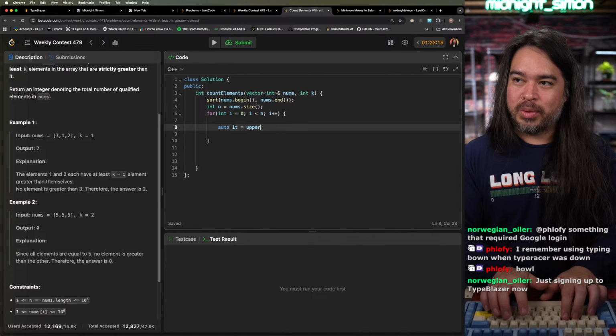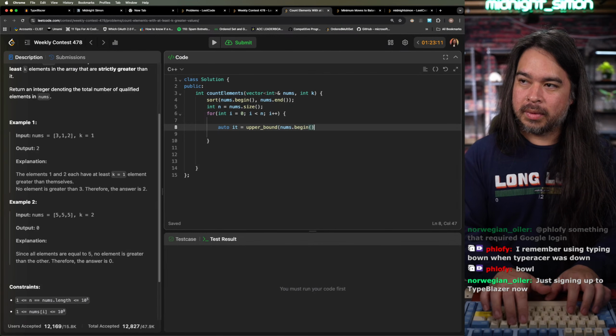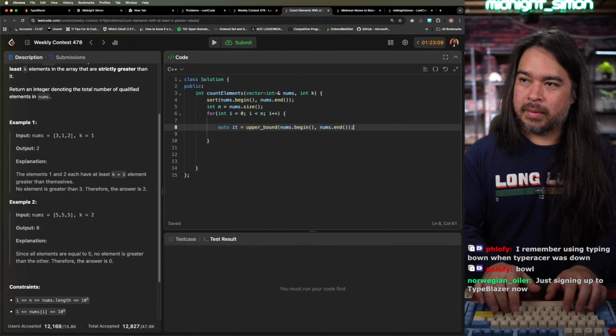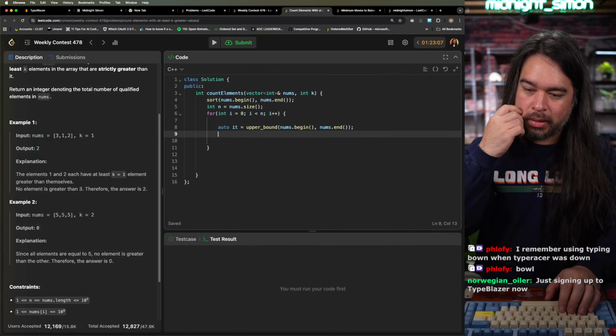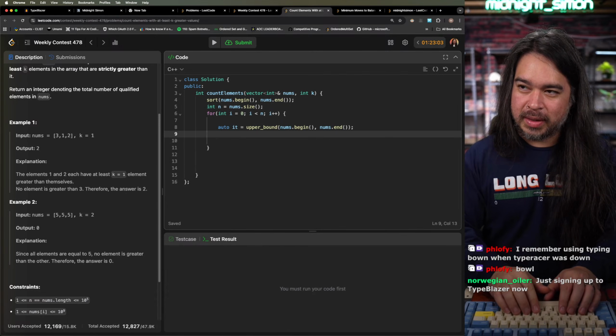Where I needed upper bounds? And then, how do we know how many elements are in there?